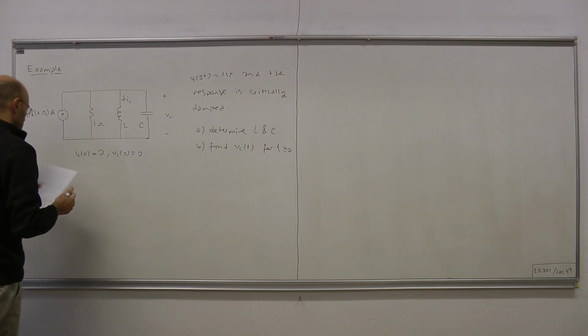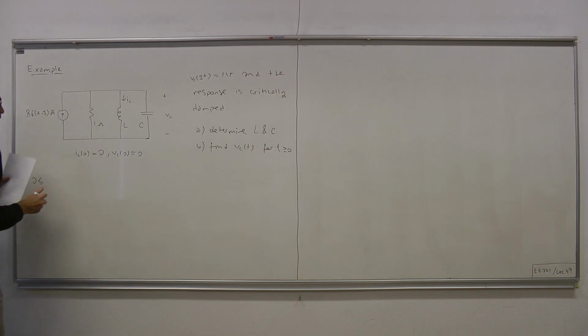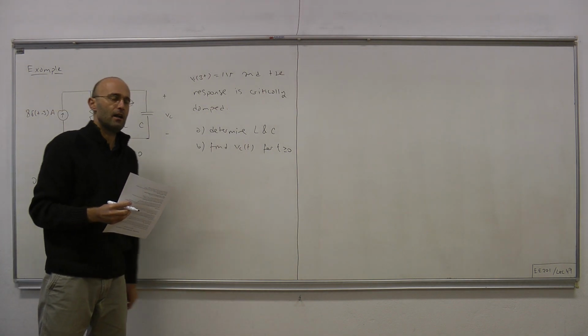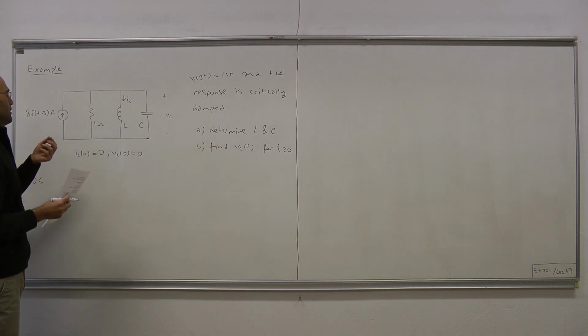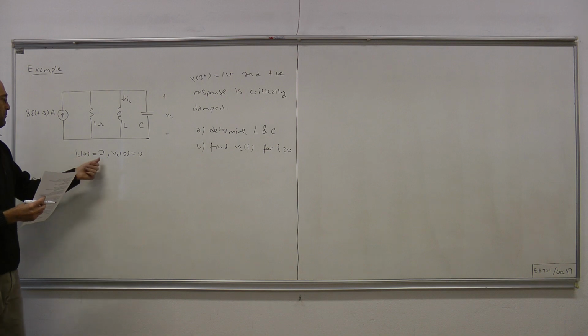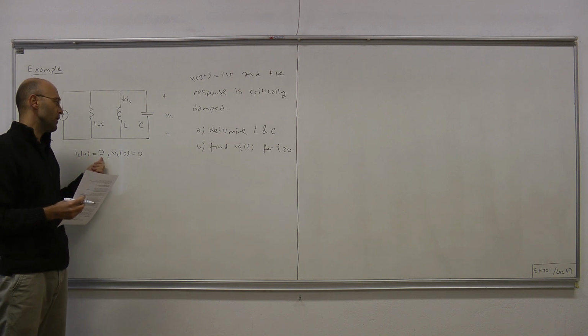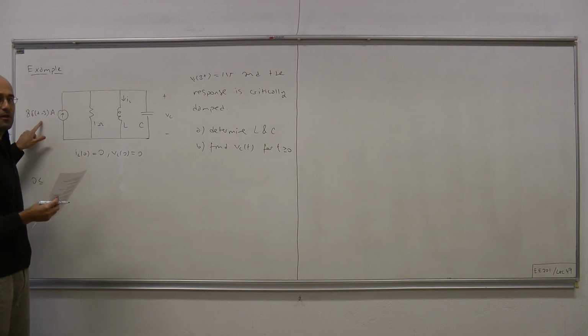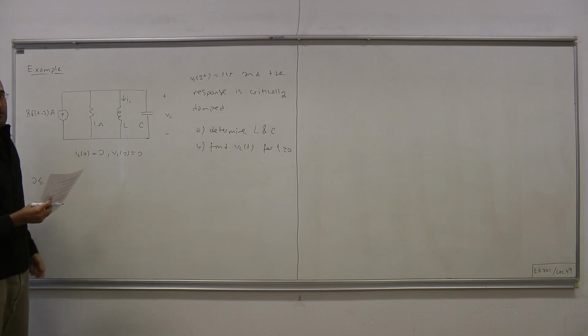Okay, so let's begin our analysis, and we can divide our analysis into 3 parts. The first part is between time t equals 0 and 3 minus, just before the source becomes active.